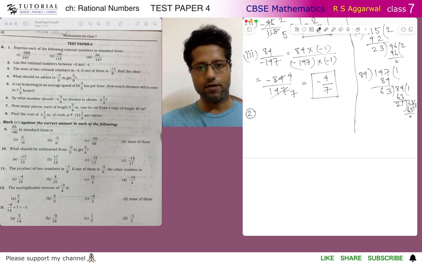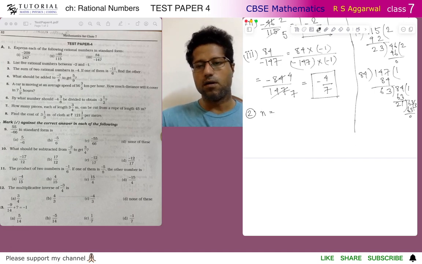So the two given numbers are integers, and we have to find five rational numbers. N is the number of rational numbers we have to find.